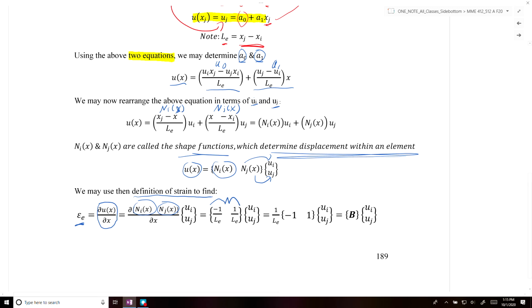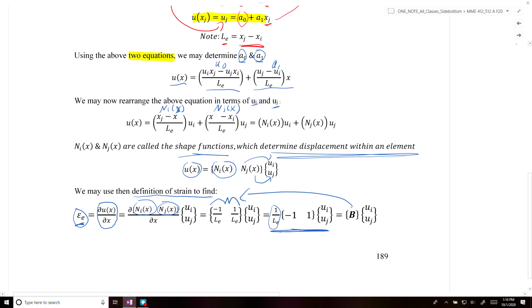The derivative of our shape function is often referred to by the capital letter B, and if we take out the 1 over length e term, we end up getting this equation here for our strain within our element.